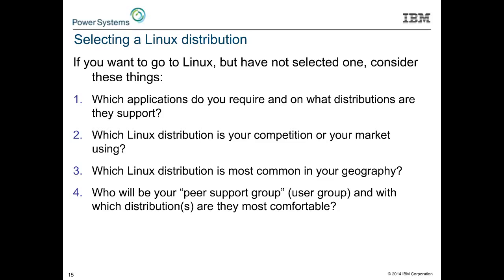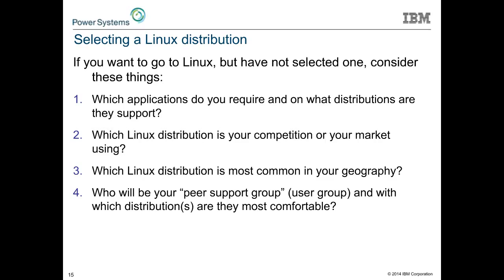Maybe it's a file system that's supported. Maybe it's an application that's supported. So if you don't know, look at what your peers in your market are doing and figure out which distribution. This might be a discussion at the bar at night when you're swapping war stories, but think about what your competition is using if you haven't selected a Linux.